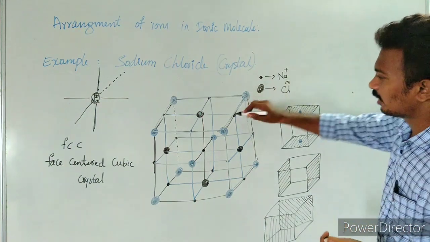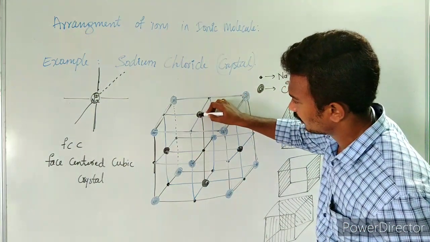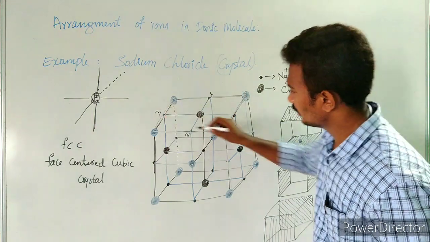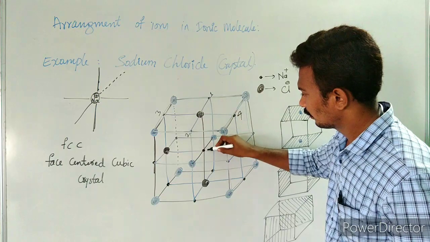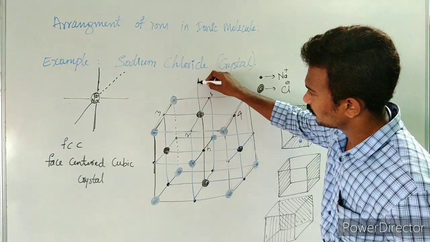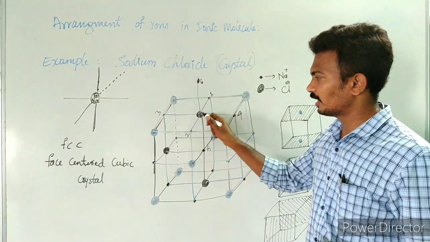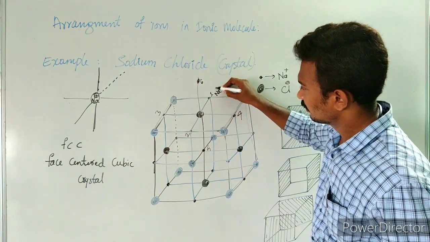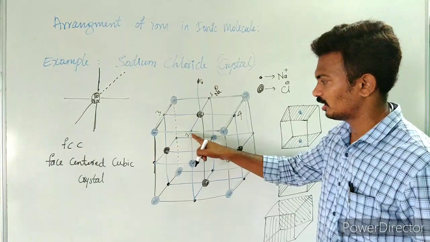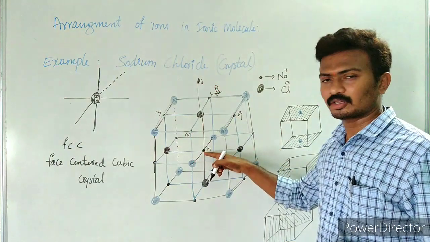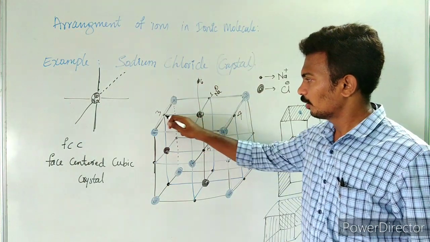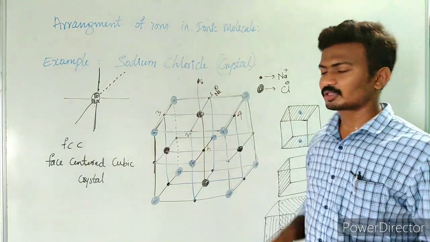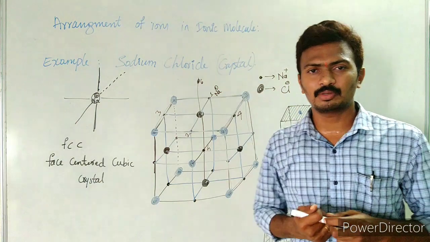So this is how these ions will be arranged. See, around every ion, if you look at this chloride ion, 1, 2, 3, 4, 5, and at the top continuation you will find 6. So every chloride ion is surrounded by how many Na plus ions? This is Na plus ion, this is Na plus ion, this is Na plus ion, this is also Na plus ion. So around one chloride ion, 1, 2, 3, 4, 5, 6. 6 ions are bonded to it.